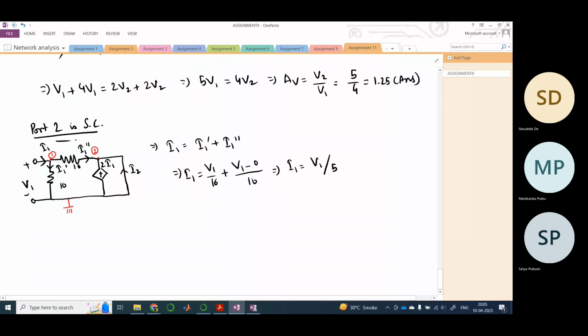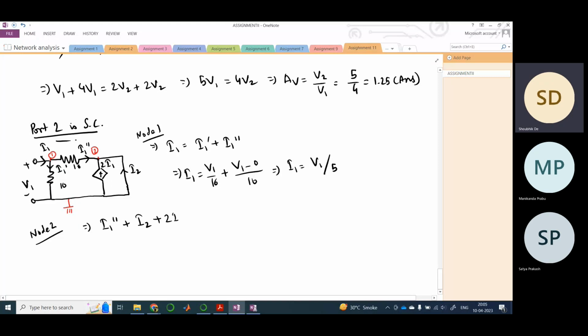If we apply KCL at node 2, which is essentially 0 potential, and this is node 1, then I1 dash plus I2 plus 2I1 equals 0. What is I1 dash? It's V1 minus 0 by 10. Then you have I2 and also you have 2I1.